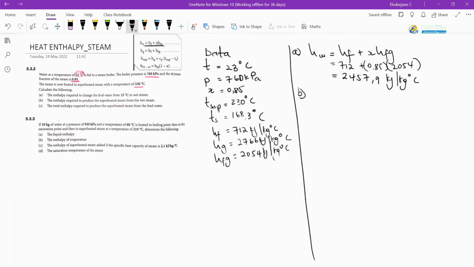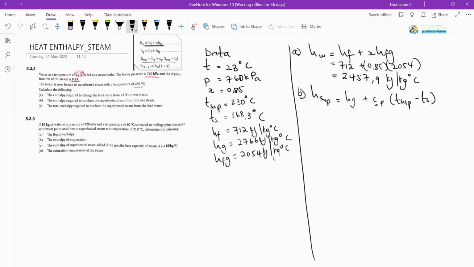Number B, they want us to calculate the enthalpy required to produce the superheated steam from the wet vapor. So we are now calculating H superheated, which is given by the second equation: Hg plus Cp into T sup minus Ts.